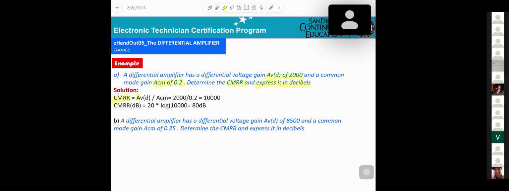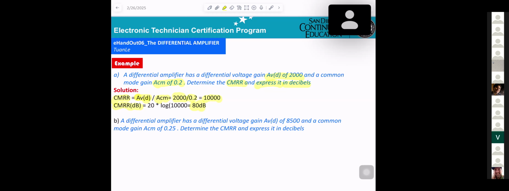CMRR equals AVD, differential gain, divided by ACM: 2,000 divided by 0.2, gets 10,000. And you change that 10,000 to decibels. CMRR is 20 times log of 10,000. The answer will be 80 dB.